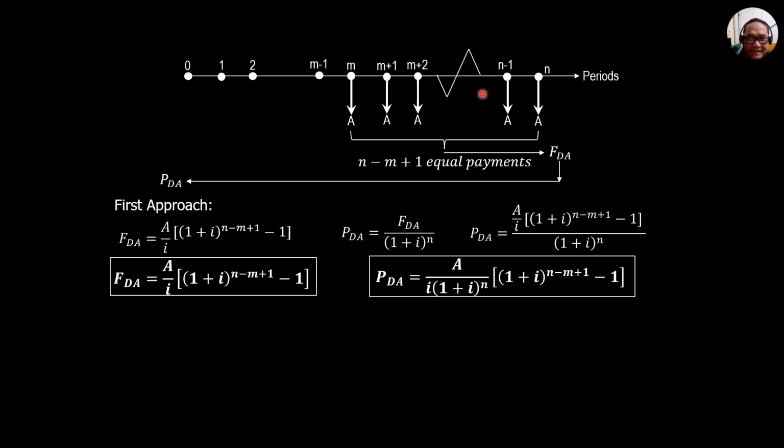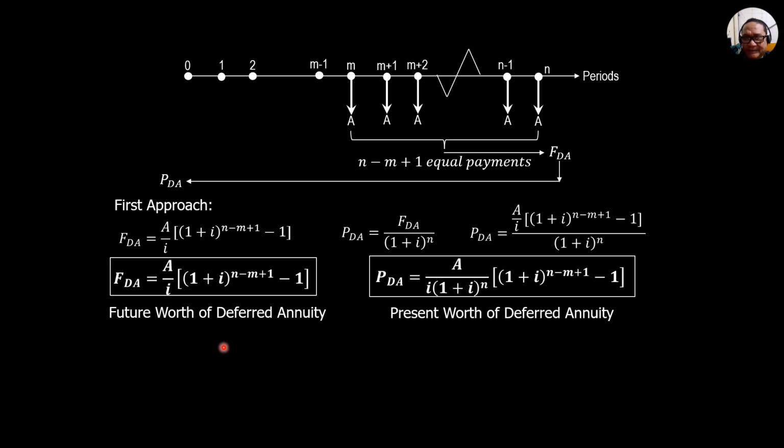That power is the distance between where the future worth is located, then project it to the present, 0. That's it. That's the technique. So this is future worth of deferred annuity, while this one is present worth of deferred annuity.